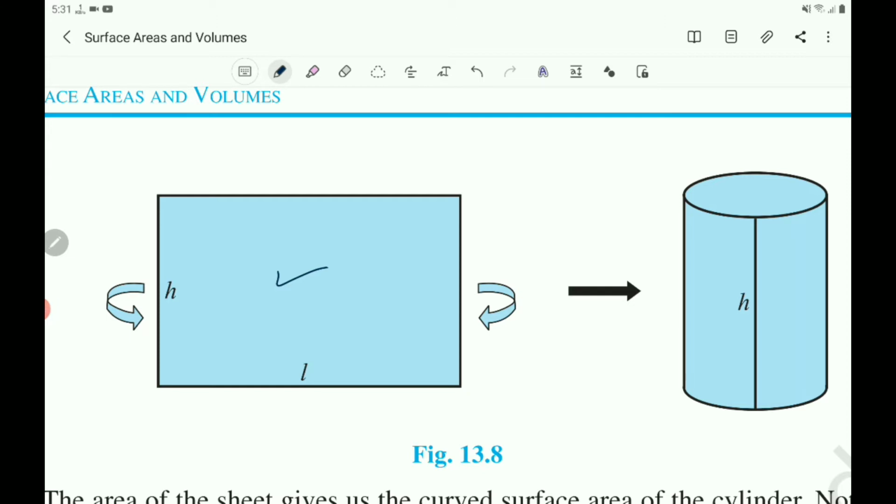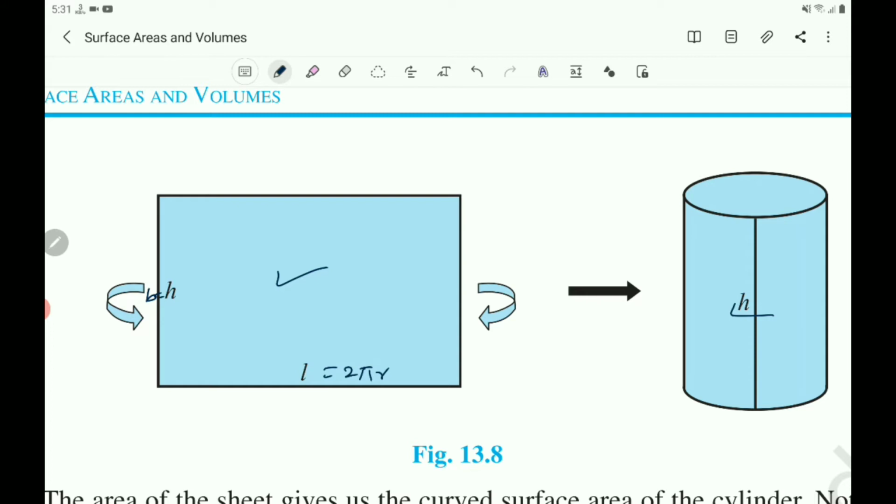Here you observe the rectangular sheet of paper. If it is covered this way, you will get a cylinder. The area of the sheet gives the curved surface area of the cylinder. The length, which is equal to the circumference, and the breadth, which is equal to the height.